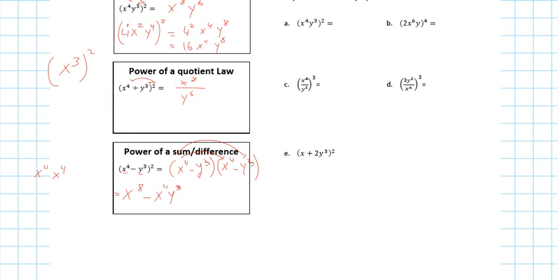So I subtract. Can I write negative x4 y cubed? Then I have negative times negative, that gives me positive, and then y cubed times y cubed, y6, right? Because I'm adding the exponent.